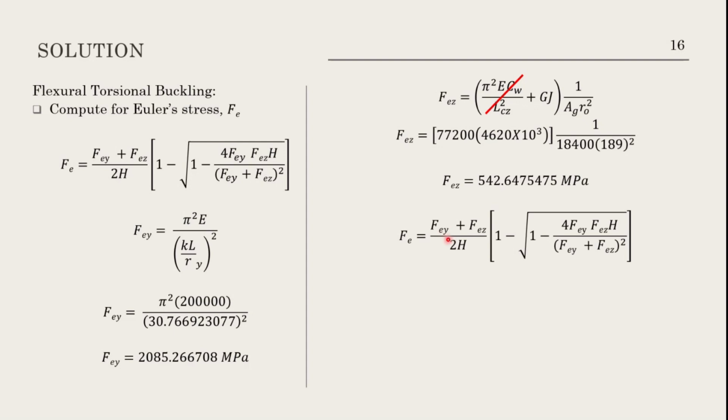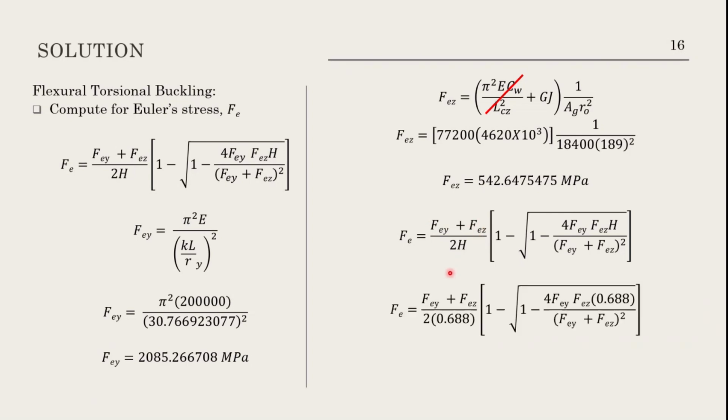So we have Fey, we have Fez, we have H. We can find H from the database. If not, there is a formula given in the code to compute for H. So we'll just use these values. So let's compute for this one. So Fey 2085, you substitute for Fey, then Fez 542, and then for H, that is 0.688.